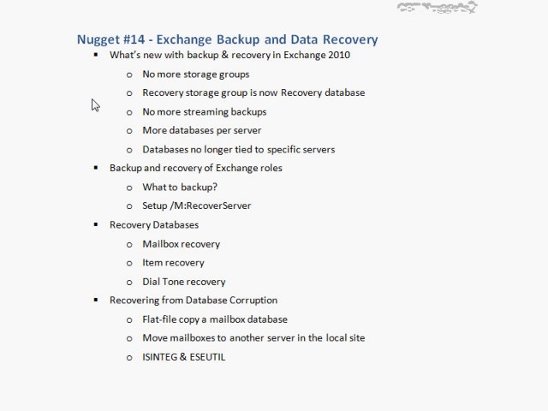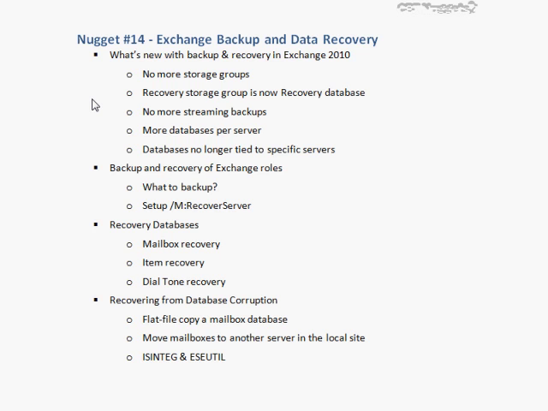If you lose an Exchange server and your data is stored somewhere else, you can very easily move that database to another server, and your client access server role will simply repoint your users to the right location. More or less the process is relatively easy. So these new backup and recovery features in Exchange 2010 really make the recovery part of backup quite a bit easier than it used to be.